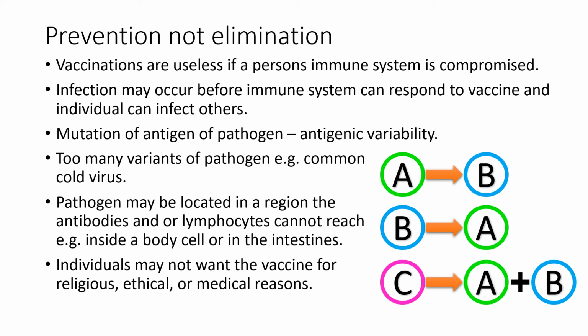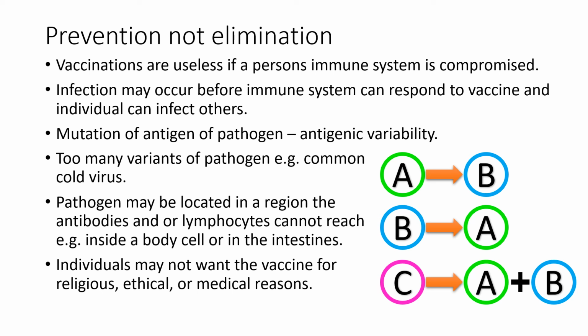But there are other reasons why we can only reduce, we can prevent spread, but not necessarily completely eliminate the virus. You can have mutations and spontaneous variations in pathogens, which means that it is no longer recognized by the antibodies that are given in the secondary immune response, and you need to go through the entire process of developing the first infection again and building up your immunity.